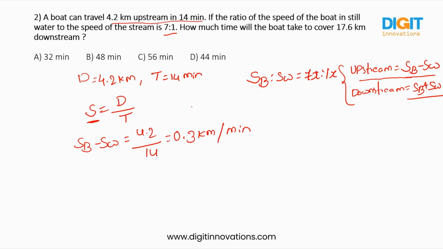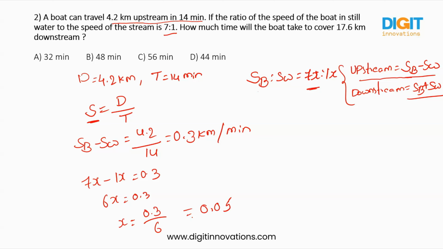Speed of boat, what is the ratio here? 7x minus 1x, which is 0.3. So 6x equals 0.3, and x will become 0.3 by 6, which is 0.05.